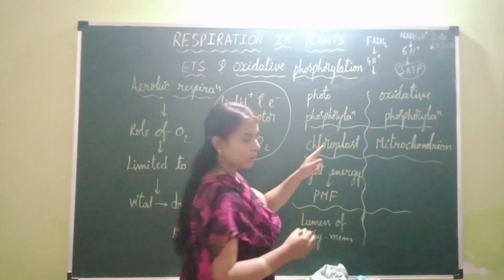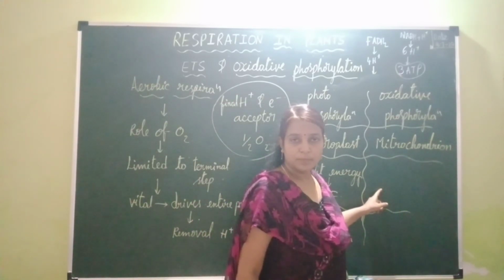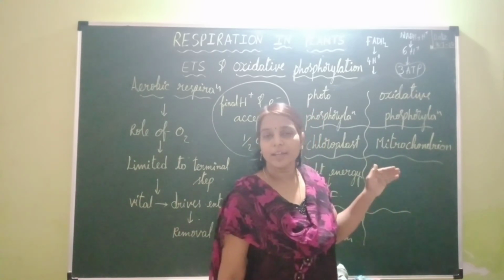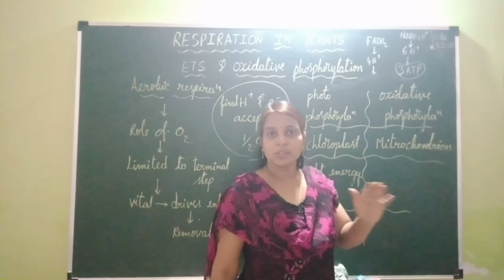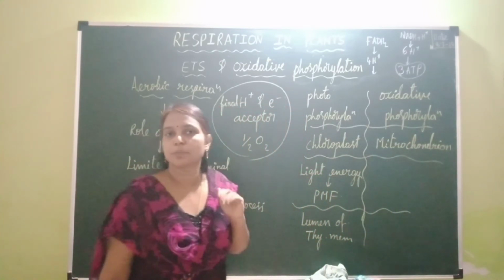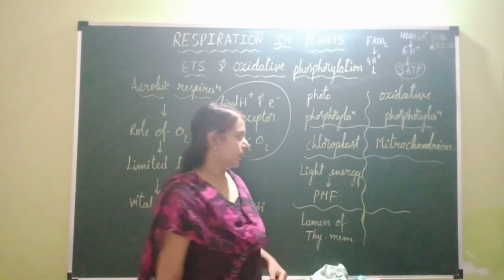Now coming to oxidative phosphorylation. In oxidative phosphorylation, the proton motive force is developed by the utilization of energy which is released from the oxidation of substrates. What are those substrates? Those substrates are respiratory substrates like carbohydrates, proteins or fats or organic acids.